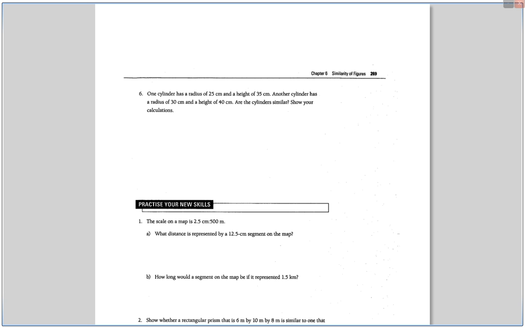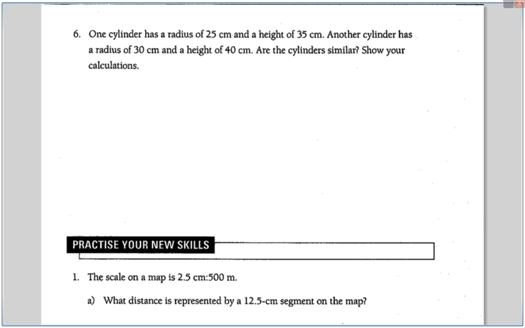One more to go. Talking about a cylinder having a radius 25 and a height 35. And another cylinder has a radius 30 and a height 40. Are the cylinders similar? Show your calculations. So model dividing original. Make sure you use corresponding sides. The radius would go with the other radius.